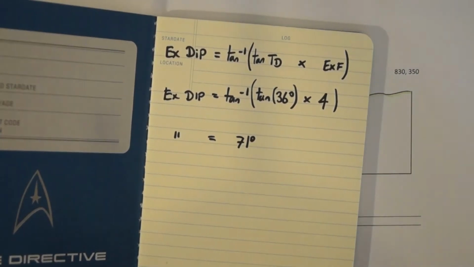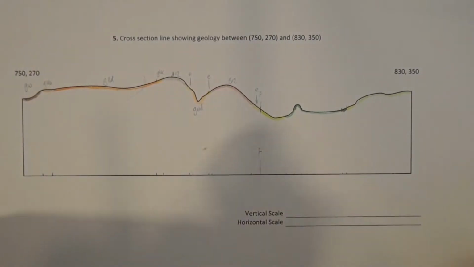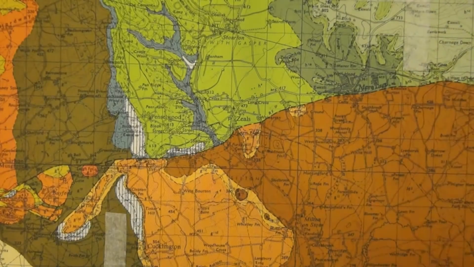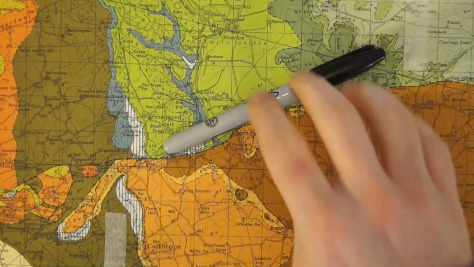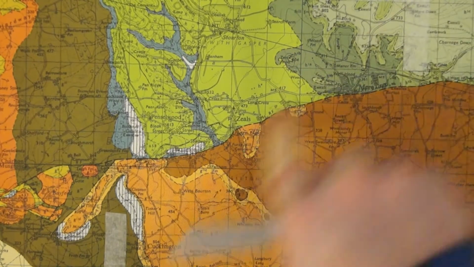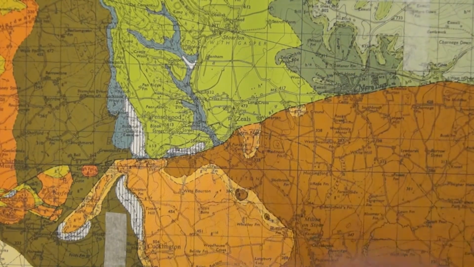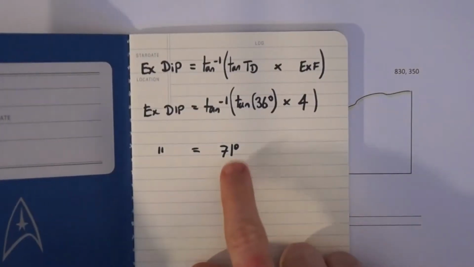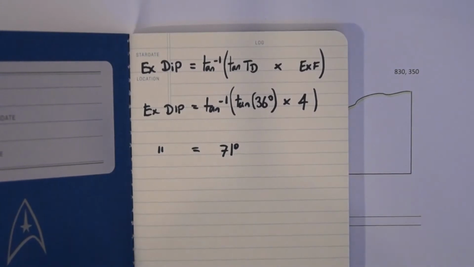However, because of the oblique angle between the fault plane's strike and the cross-section orientation, we need to turn this angle of dip of the fault plane into an apparent dip.